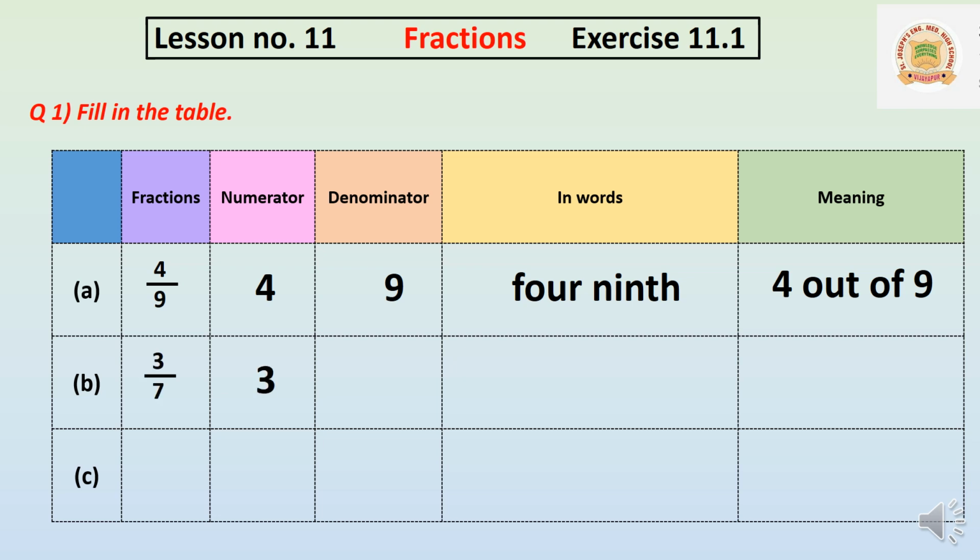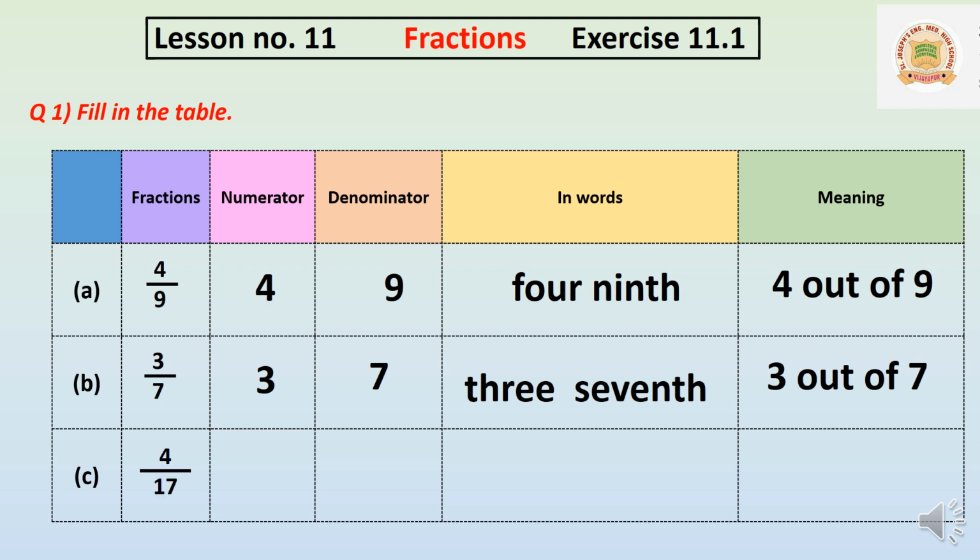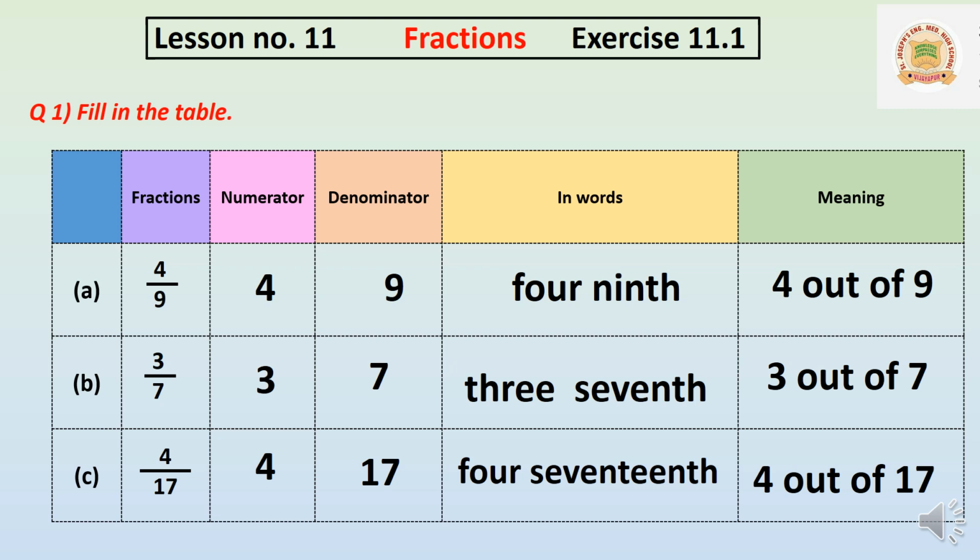3/7. 3 is the numerator, 7 is the denominator. 3/7 is 3 out of 7. 4/17. Denominator is 17. 4/17 is 4 out of 17. We can use this for your marks also.